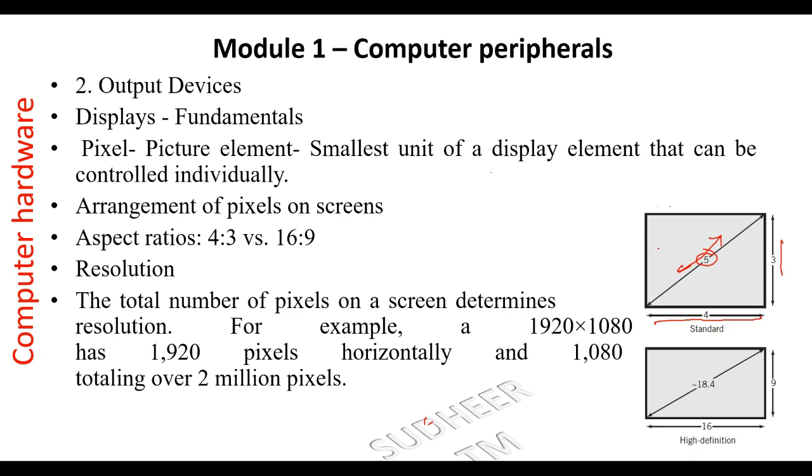So totaling 2 million into 3, 6 million pixels placed over your screen. Now if you go for an improved resolution, in the same area they manufacture tinier pixels and place more pixels on your screen. That is what resolution is.